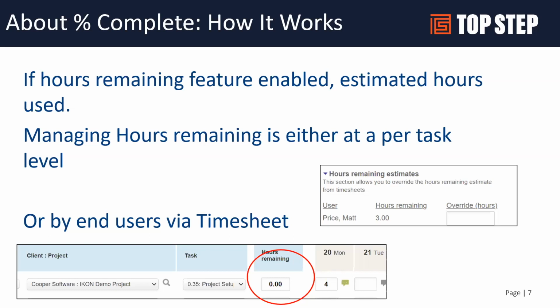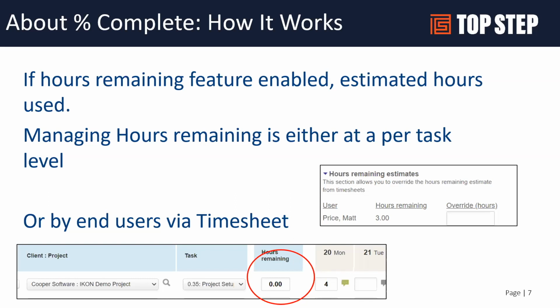In this example, if Matt Price has 3 hours remaining based on his hours entered and his planned hours, we can say, okay, he actually needs 6 hours to finish, or he's done and needs 0 hours to finish. Based on the input of the task, that will feed the estimate of the task and update the percent complete calculation. So if you were very efficient or under efficient on a task, you can manage those estimated and remaining hours to accurately calculate your percent complete.